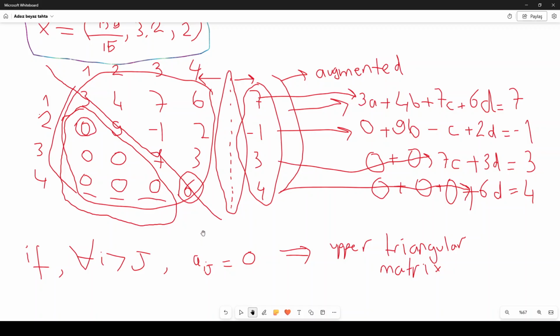So we have an increasing number of zeros as we make our way down to the last row.